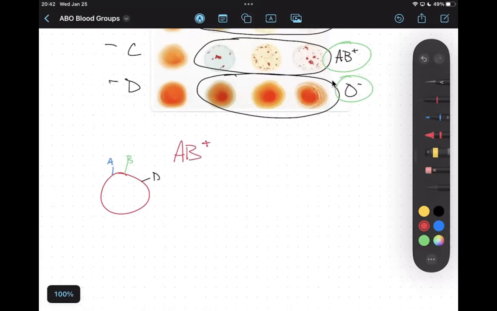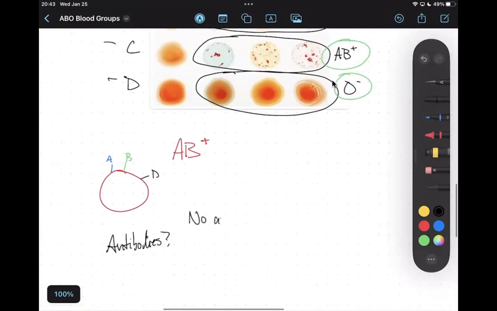So if we have A antigens, B antigens, and D antigens, what antibodies do we have? Well, you have the opposite antibodies of whatever antigen you have. We have all the antigens, so we have no antibodies.